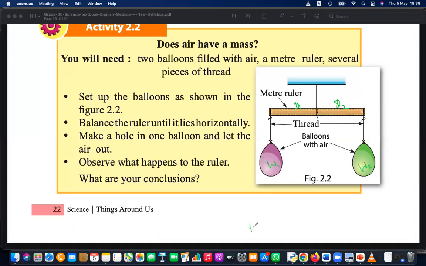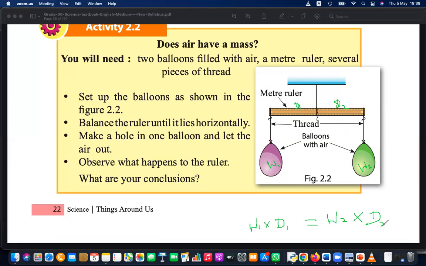Then we learned that W1 into D1 equals W2 into D2. That is how we balance. We played a small game, did a simulation, and learned this principle.